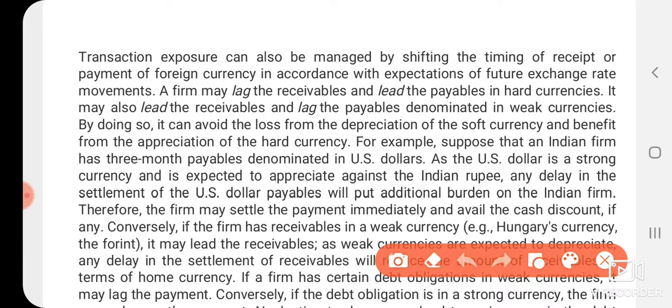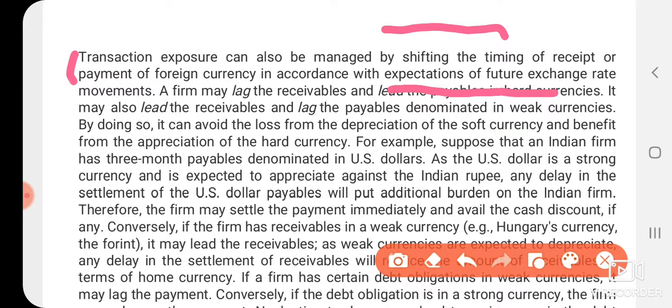In the previous case, to eliminate the risk, they were shifting it to the other party, the importer or the exporter.